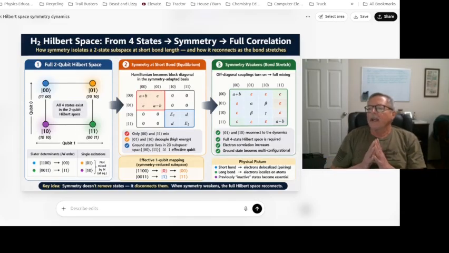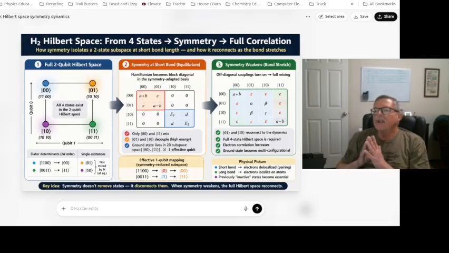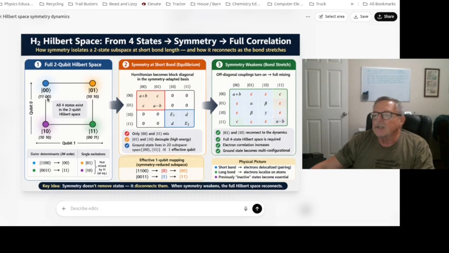Wow, what a great picture! Now what in the heck is this all about? Here are the states that we're used to looking at, 1100 and 0011. And guess what? These are the mixing states. So it's really a 4-state Hilbert space. How did we ever get this down to 1 qubit?